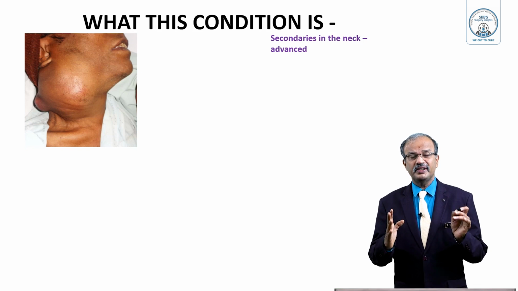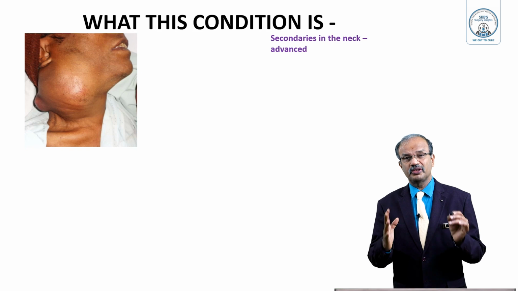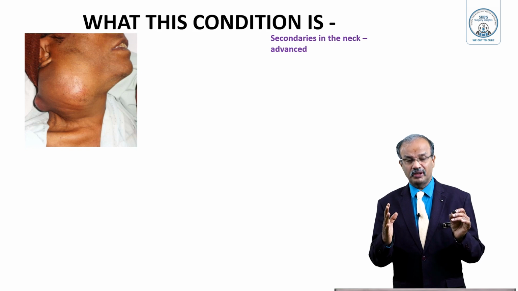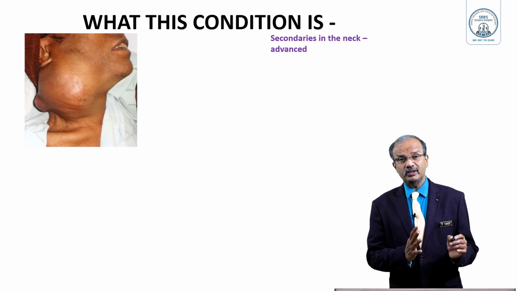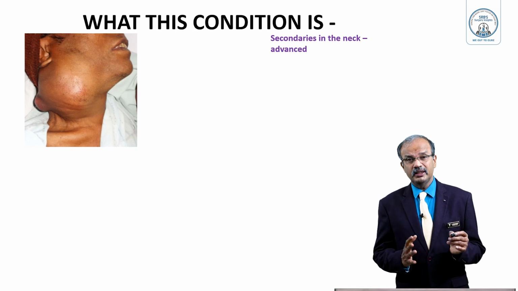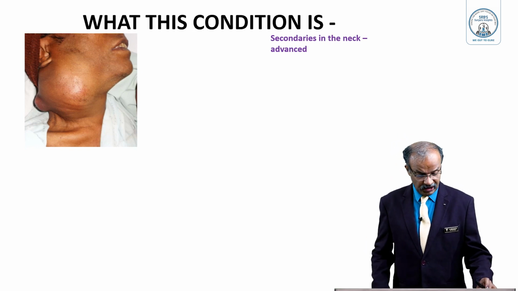There are three conditions you have to remember as far as neck lymph nodes are concerned: secondaries in the neck, lymphoma, maybe NHL or HL, Hodgkin lymphoma, or tuberculosis. So these are the three prime conditions you have to remember when the neck lymph nodes are enlarged. Now such a localized lymph node, so large, somewhere it is about to fungate, first thing you will think is secondaries in the neck. So that is how exactly it comes.